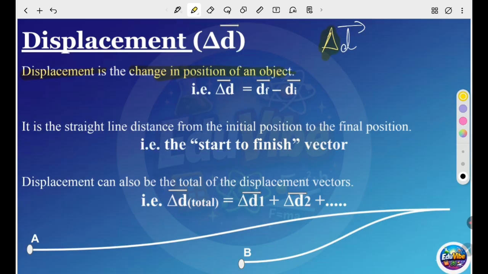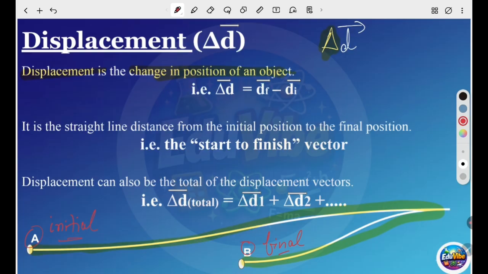If we take an example, point A starts from here, so its starting point is the initial point. They start from the initial point, then travel the whole path and come to point B. At point B they stop, and this is their final position, the ending position of the object.